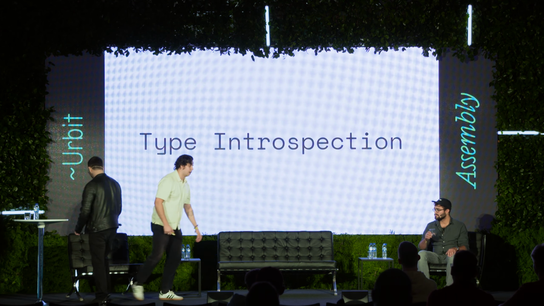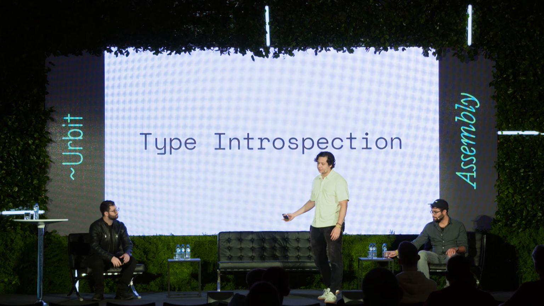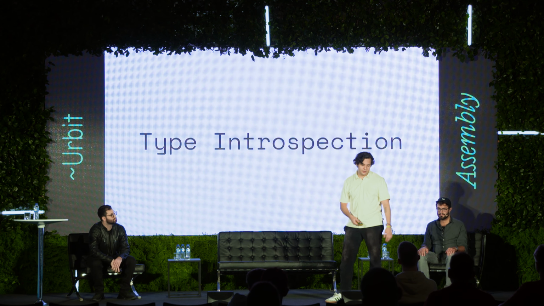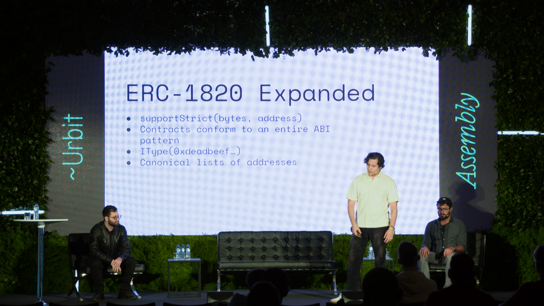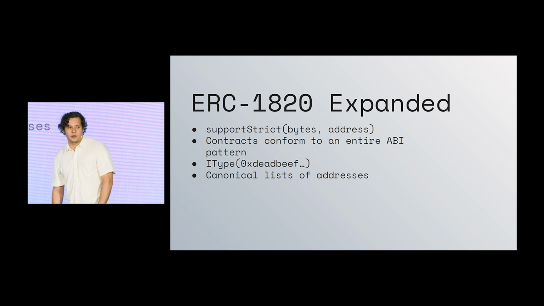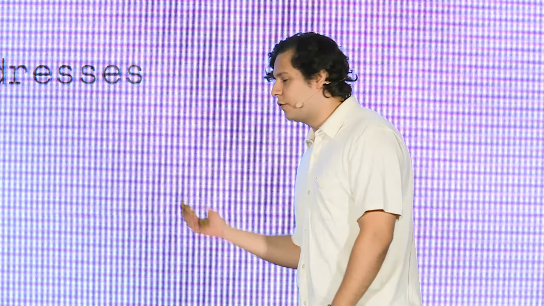Great. I'm Corey. So what do we mean by type introspection? Type is an overloaded word, a dirty word here. Basically, there's a couple standards that exist in Solidity development, if you're familiar, ERC 1820 and ERC 165. Essentially, they have code very similar to this, right?